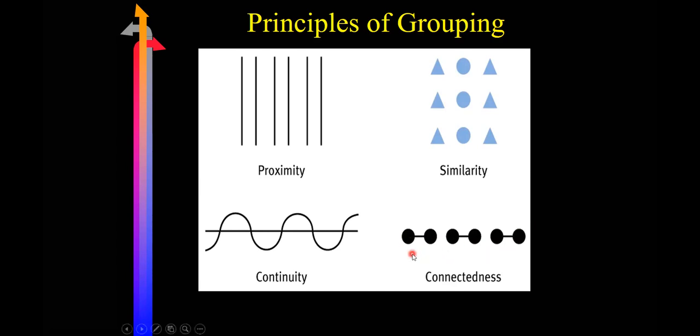There's very few people who are going to say, well, I see 6 dots and 3 lines. You just don't do that, because you assume these things are all part of one thing. So again, the whole is greater than the sum of the parts.